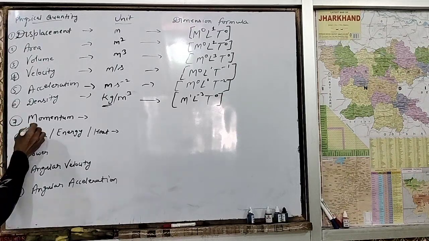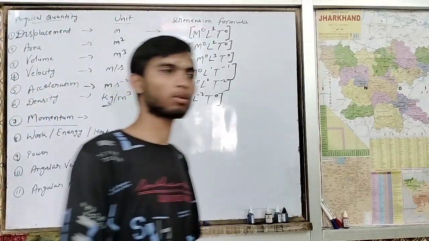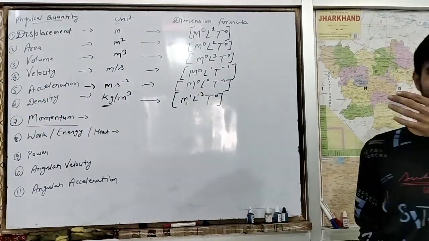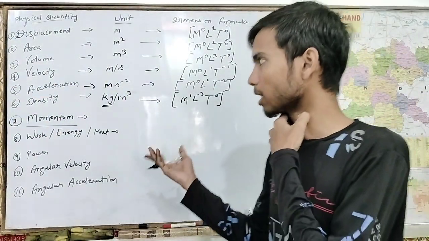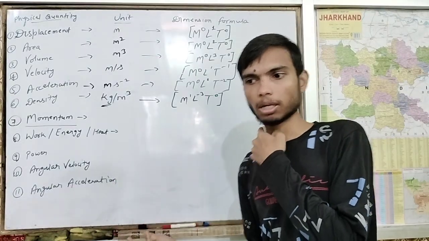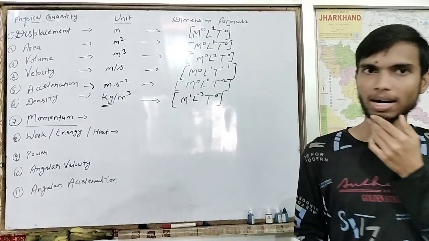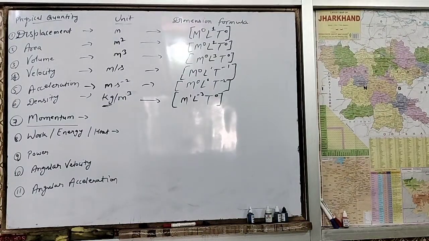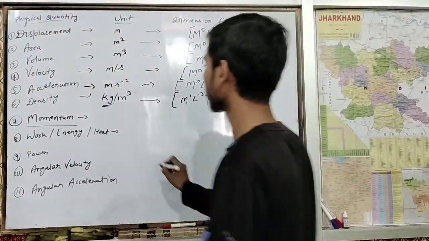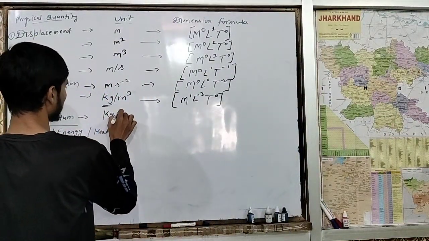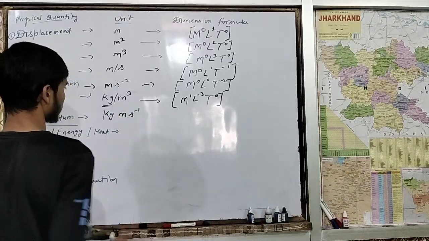First of all, here we have momentum. What is the unit for this momentum? We know that mass multiplied by acceleration, M A, is a force. Kg meter per second. So here we have kg meter per second.